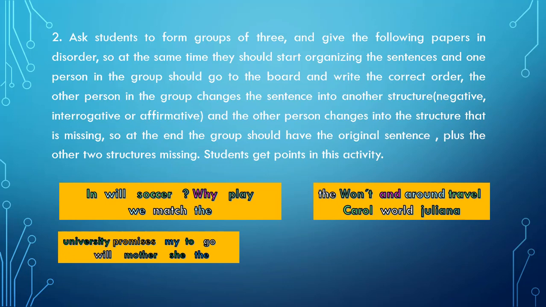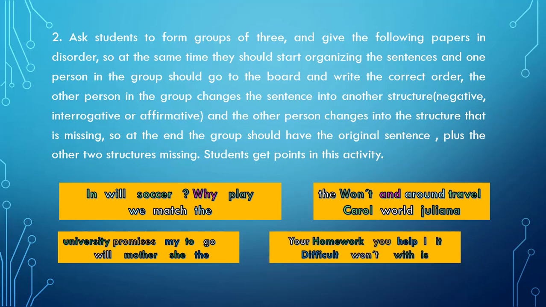After the ordering, two students go to the board and transform the sentence into future structures, depending on the original, which can be negative, interrogative, or affirmative. And the first group to have the complete structure gets points. The group with more points wins.